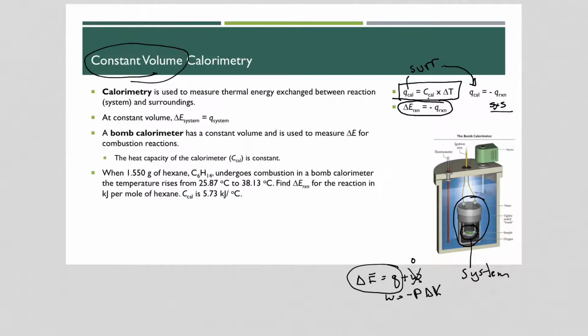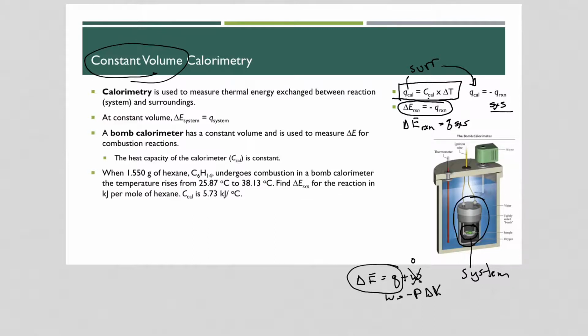Now, don't worry about the negatives in here. Another way to think about this is that the delta E of the reaction, or the system, is equal to Q of the system. The negative Q of reaction follows from this equation where it's the opposite. So here the negative just means the opposite of the calorimeter, whether it's actually positive or negative depends on what the calorimeter is going to be.